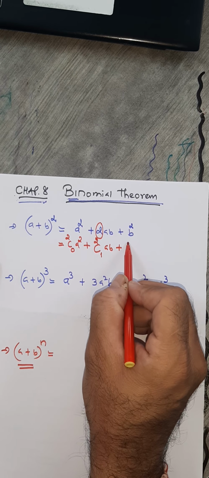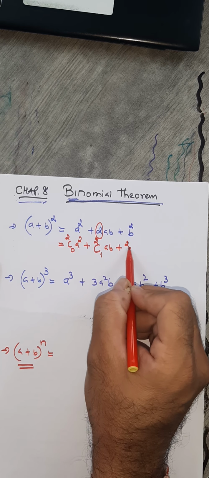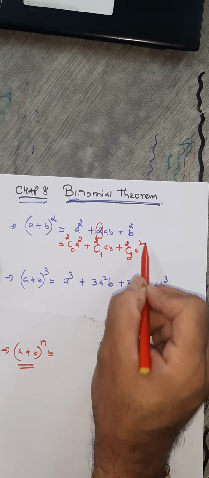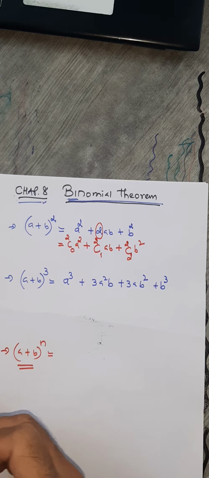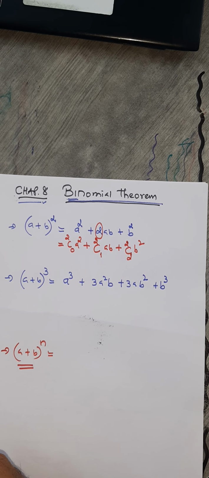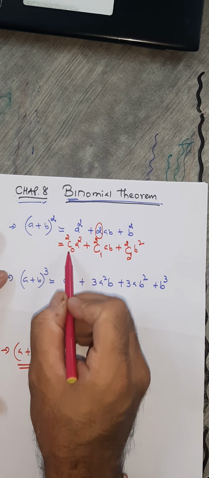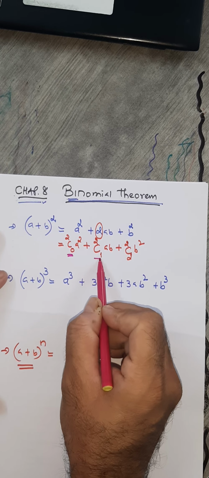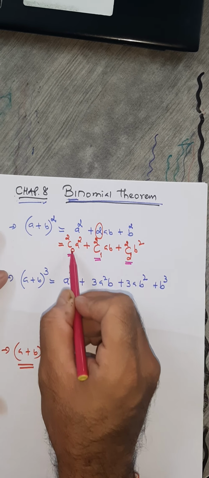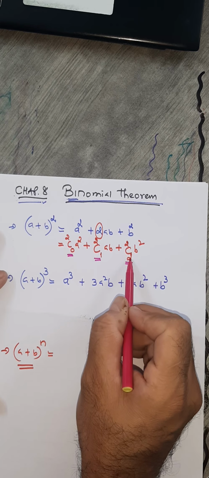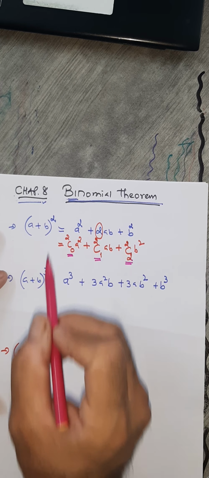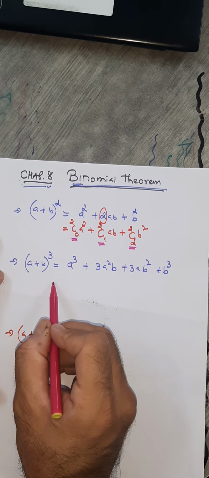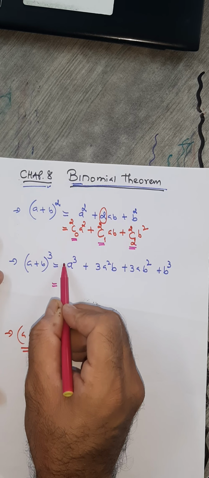Plus here the coefficient is 1 again, which I can write as 2c2 into b square. Fine. So what I did over here, I have expressed the coefficients in terms of combination symbols, remember. 2c0, 2c1, 2c2. Why have I chosen 2 here? Because the power is 2.